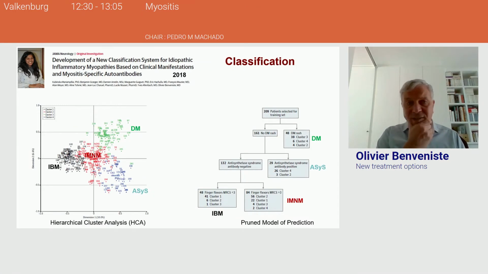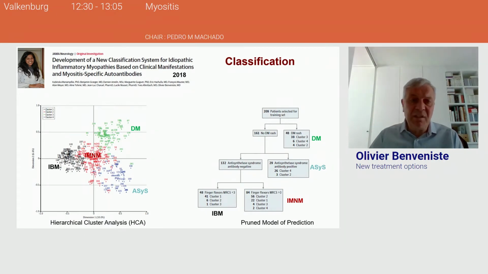Knowing that, I asked my PhD student, Kuberaka, to perform an unsupervised hierarchical clustering analysis, starting from roughly 350 myositis patients with all these myositis-specific autoantibodies.